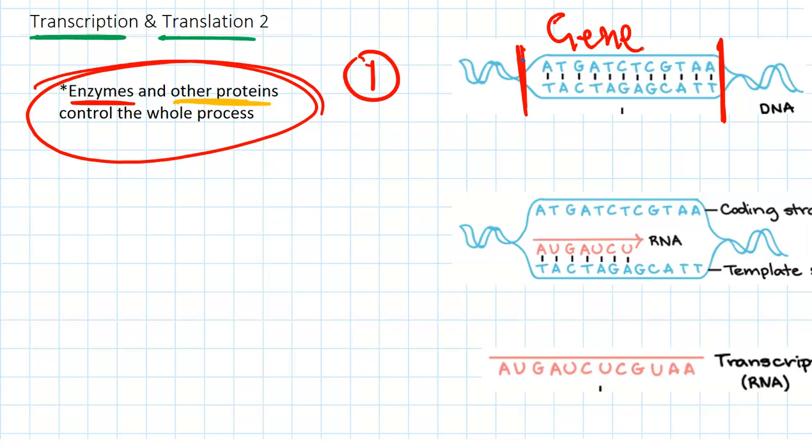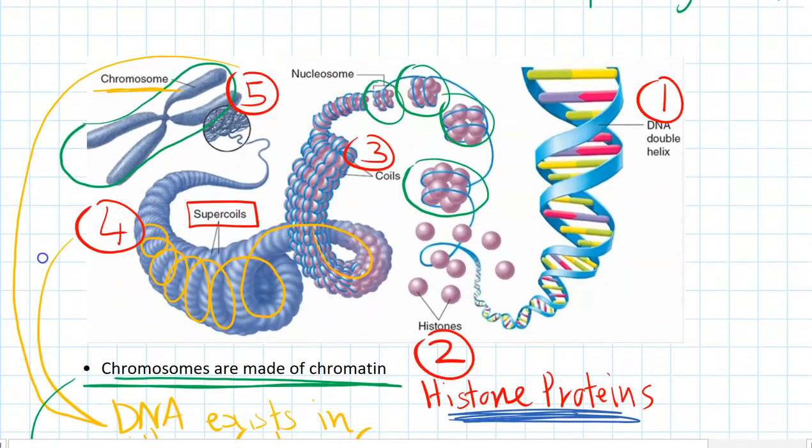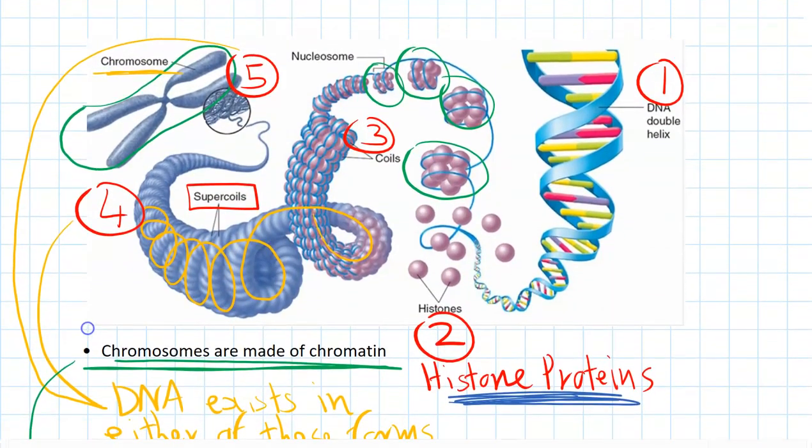So once that gene is ready to be expressed by the cell, the chromosome, well actually the chromatin, has to unravel a little bit. So remember back when we learnt about DNA packaging, chromosomes have the DNA, but they're also wrapped around these proteins.